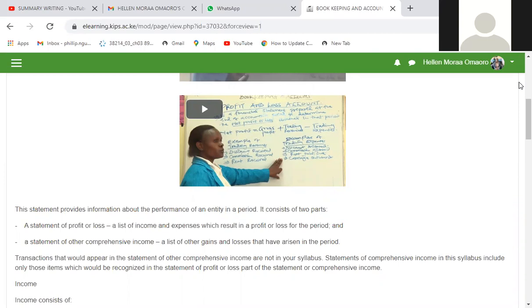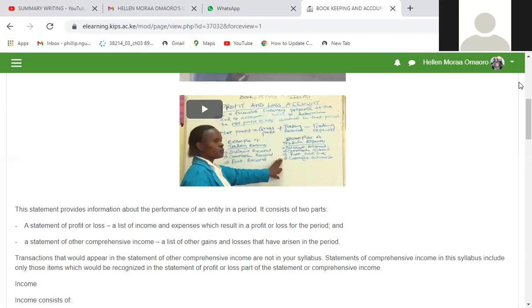Return outwards is the cost of the goods which the business returns to the supplier. Maybe they are excess or they have been damaged or they are expired.